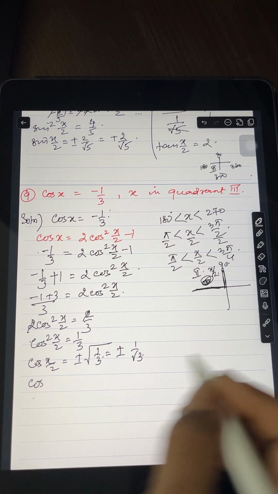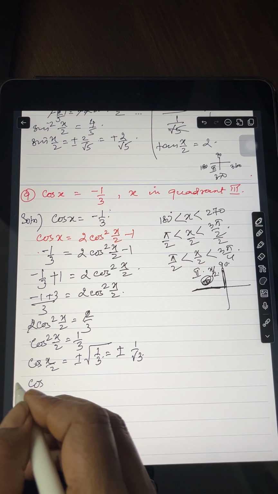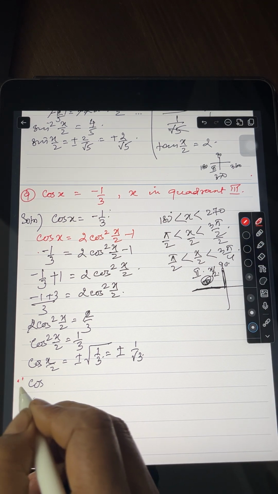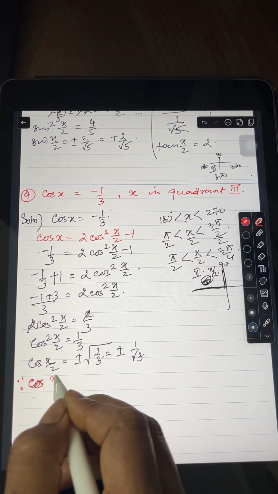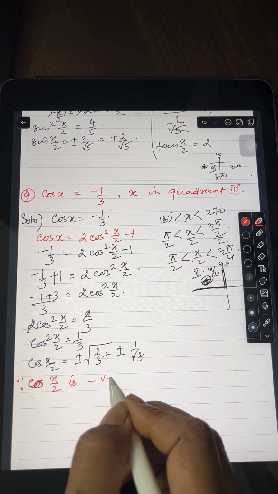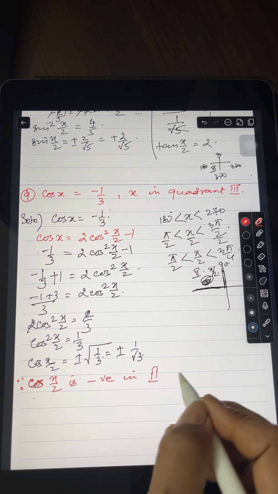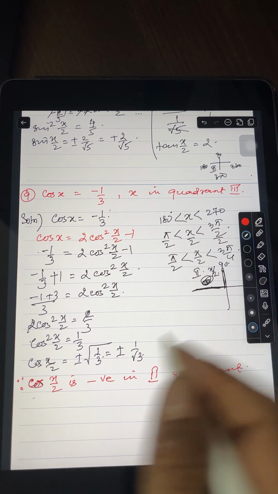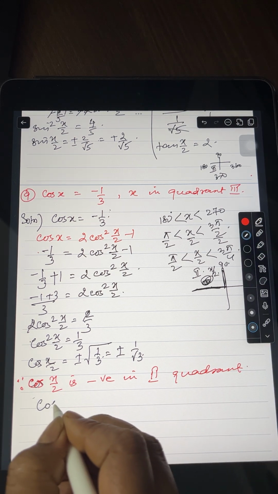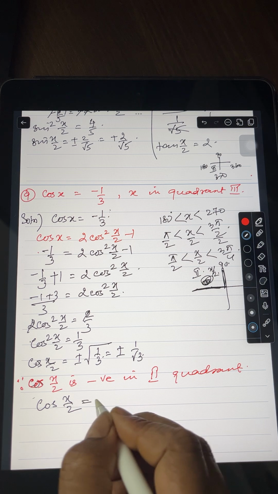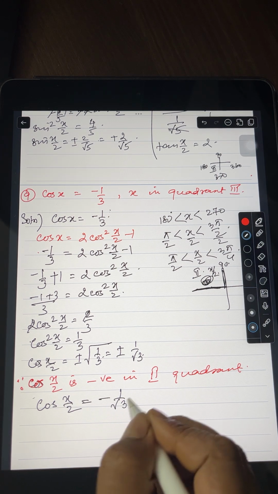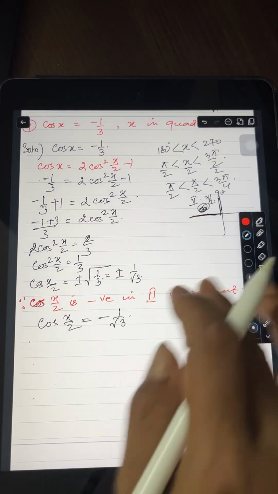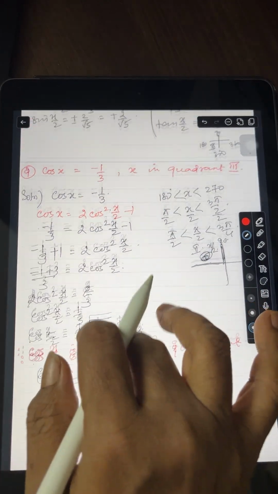So since cos x by 2 is negative in second quadrant, what you get is cos x by 2 is minus 1 by root 3. Clear till here? Okay.